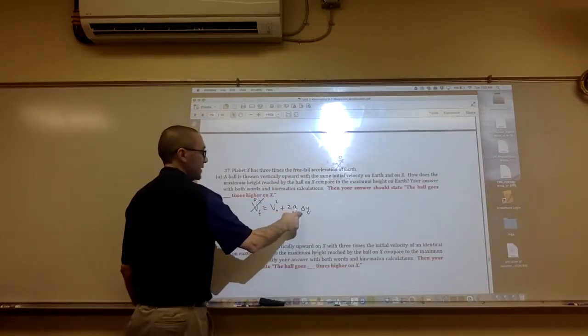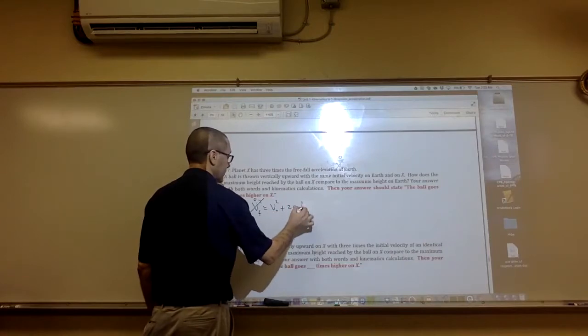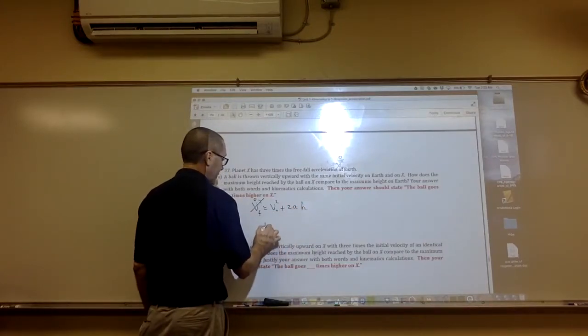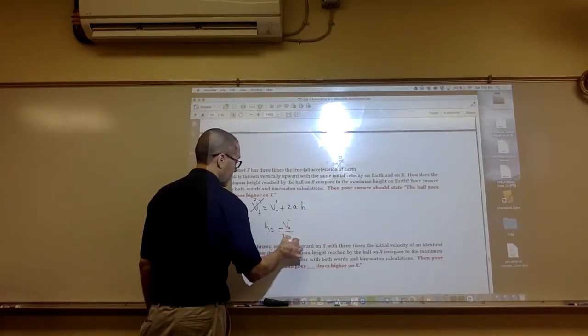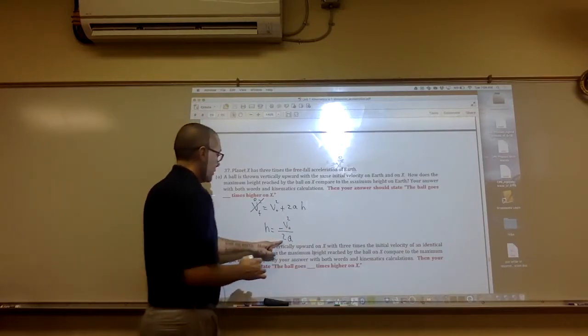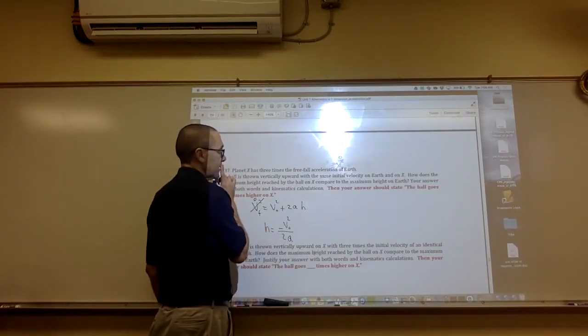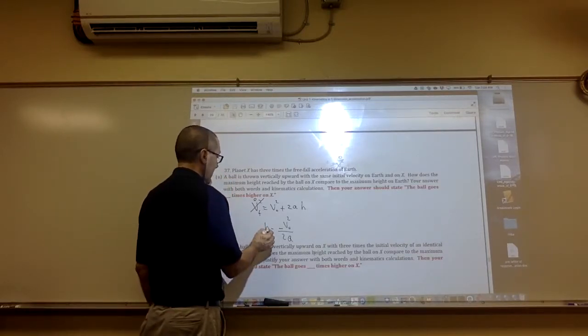Okay, so I'm going to find this delta y. But actually, you know what? I'll call it h. So h, if I rework this equation, is going to look like that. Now, they're telling me the initial velocity. Okay, let me do it quickly, and then I'll show you the long way.